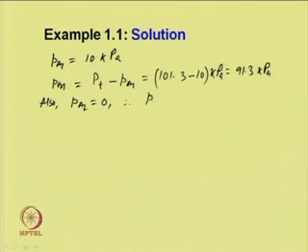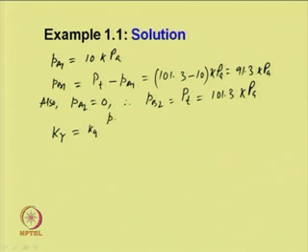Therefore, PB2 is equal to Pt, which is 101.3 kilopascal. So, Ky capital Y is equal to Kg PB1 PB2 by Pt. We have derived this equation.